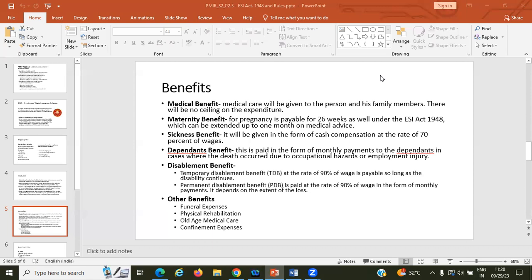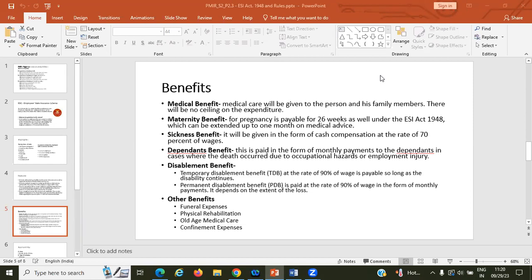This is paid in the form of monthly payment to the dependents in cases where the death occurred due to occupational hazard and employment. Let's say one person died due to some accident. Whoever is the dependent, they will get some benefits every month, whether your child or spouse.